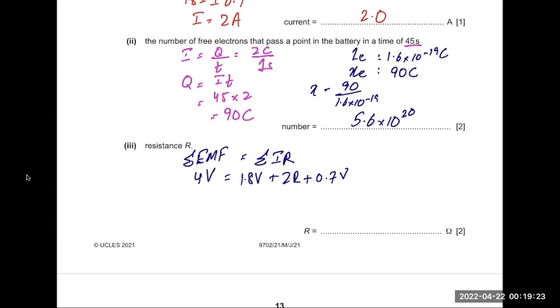So I've got the EMF, there's only one EMF, and I've got all the potential drops. I can use this to calculate the value of R. R is equal to 4 minus 1.8 minus 0.7 divided by 2, which is exactly 0.75 ohms. That's the answer to part 3.